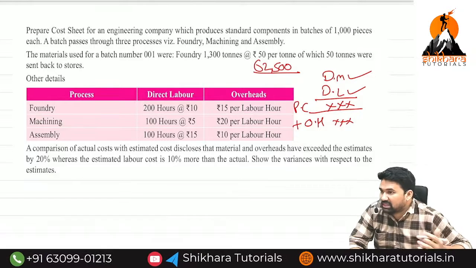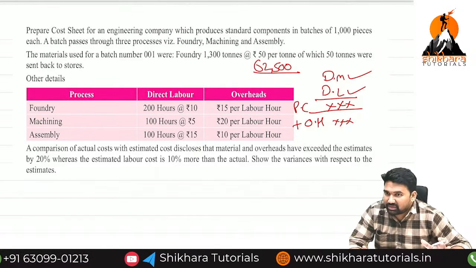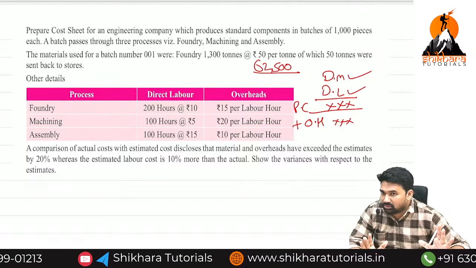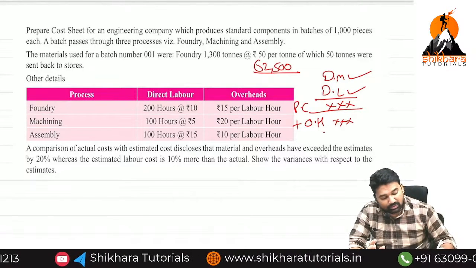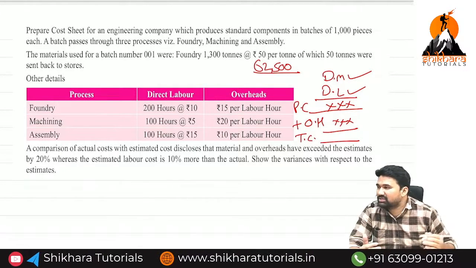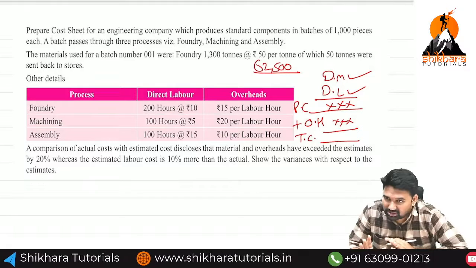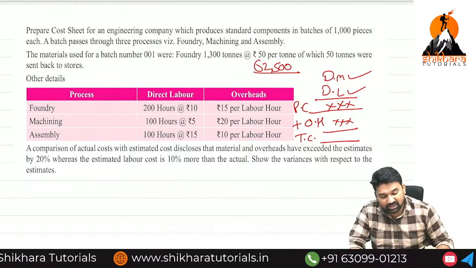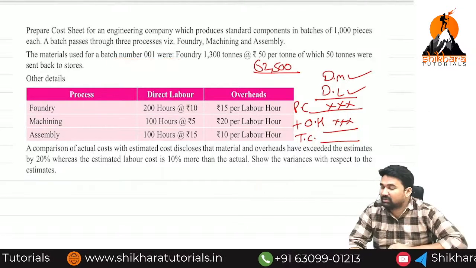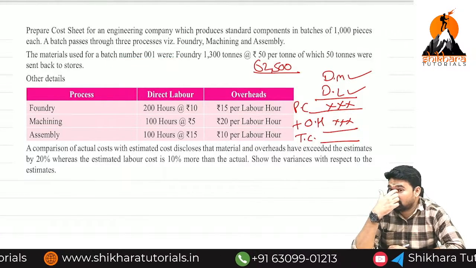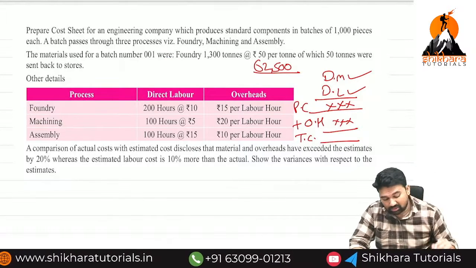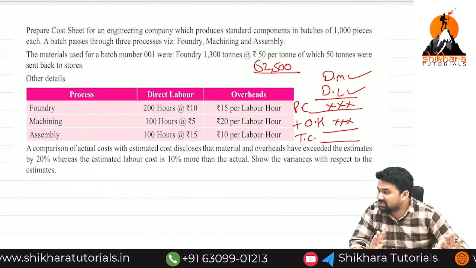That's why we will add overheads. So prime cost plus overheads gives rise to total cost, or cost of sales, or total production cost. Why? Because he is giving batch-wise cost details, right? Batch number is 001. So the total cost of producing the goods will be arrived at. Okay, these are the details.